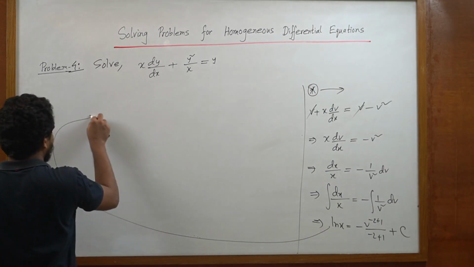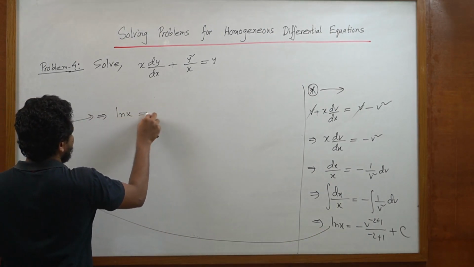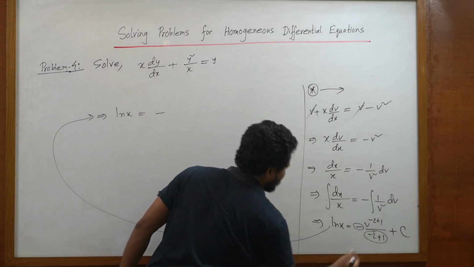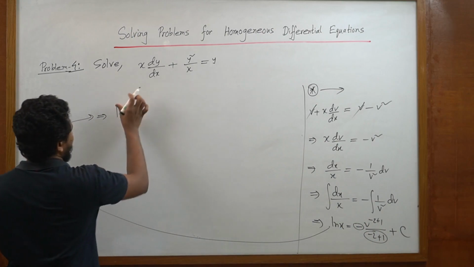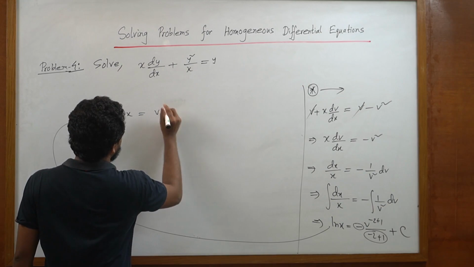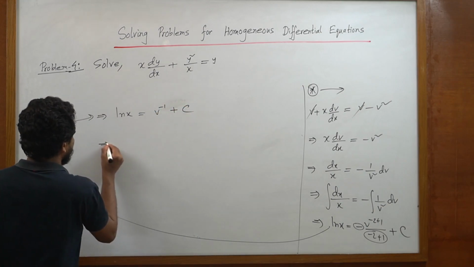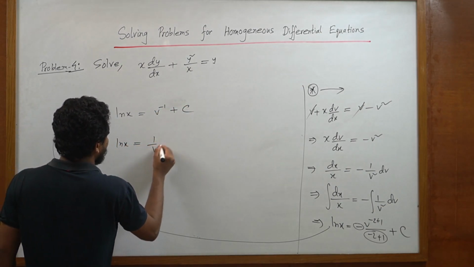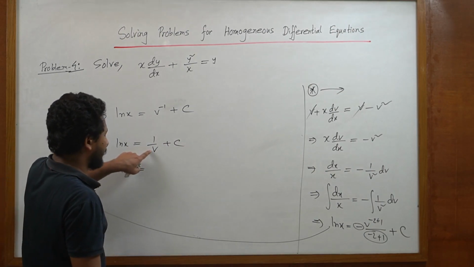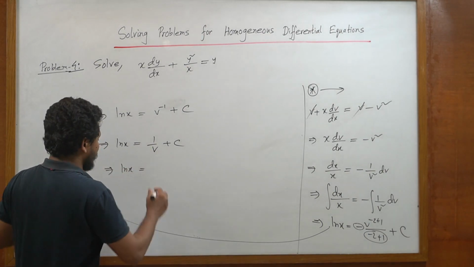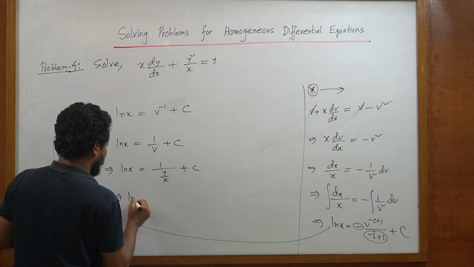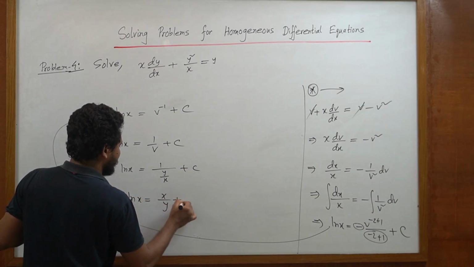From here we get ln x equals, this minus 1 and this minus will be multiplied, and we get plus v to the power minus 2 plus 1, which is minus 1, plus c. So ln x equals 1 by v plus c. We took v as y by x, so we will write v as y by x, so we get ln x equals x by y plus c.